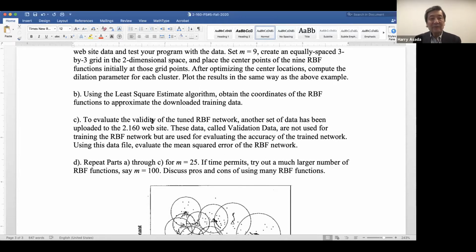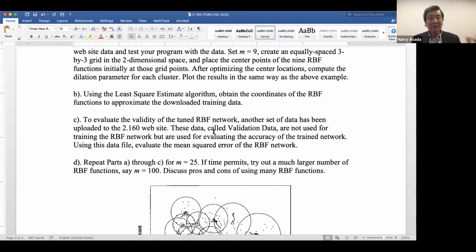To evaluate the validity of the tuned radial function network, another set of data has been uploaded to the 2160 website. So these data were not originally used for tuning the basis functions, but are retained for the purpose of testing and evaluating. It's called the validation data.